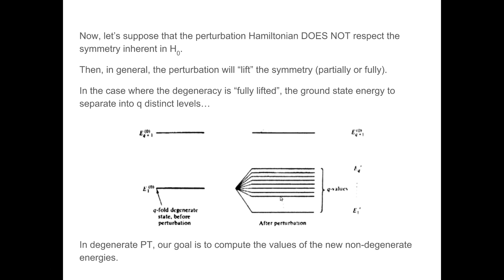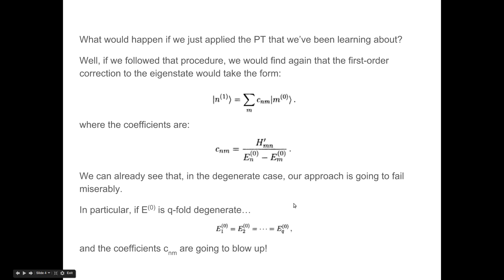So that's a case where you would have the symmetry fully lifted. In some cases, as we'll see, when you turn on the perturbation, it might only partially lift the degeneracy. It might split three states into two states, so there are still two states that are degenerate. And so our goal in degenerate perturbation theory is to compute the values of these new non-degenerate energies and their eigenstates.